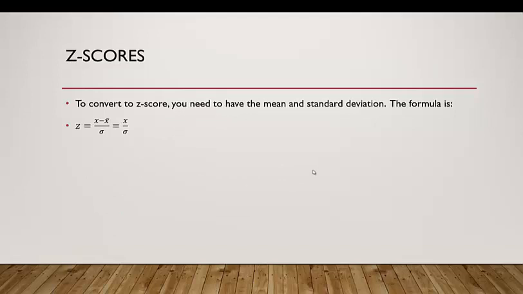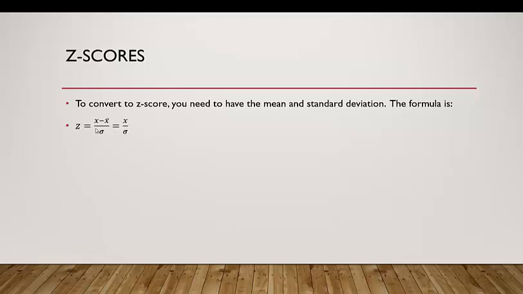So the most common one I said was a z-score. Now remember what I said: this is a small z, and it's important that we realize this is a small z later on. This presentation wouldn't let me change that to a small z, so just know every time we talk z-score, it's a small z. Even here, I think it's a capitalized Z. So to convert to z-scores, you need to have the mean and the standard deviation.